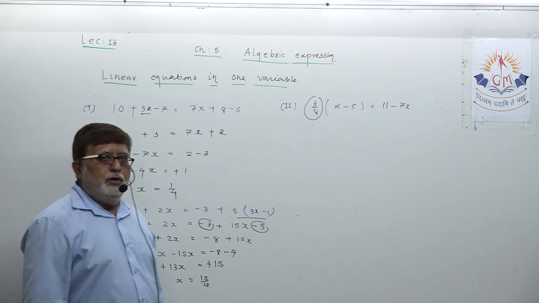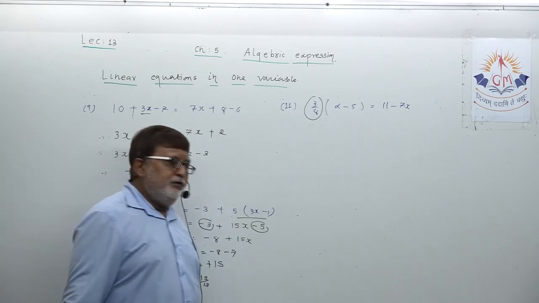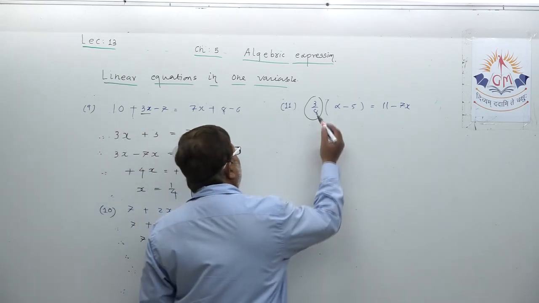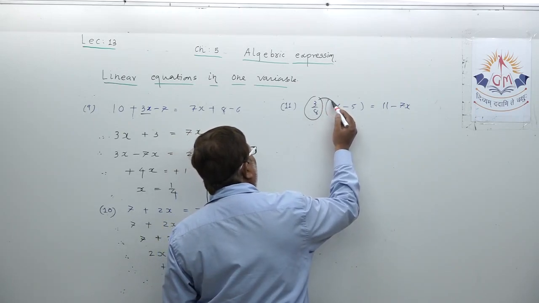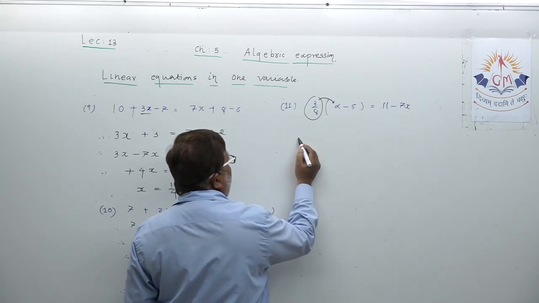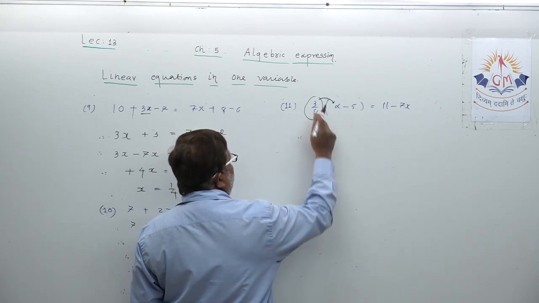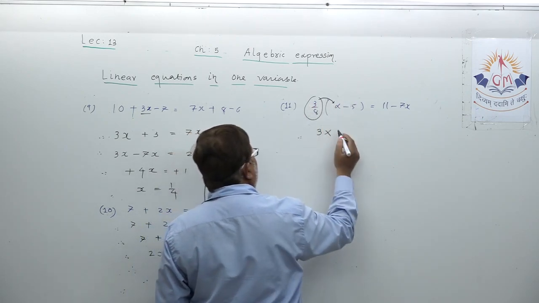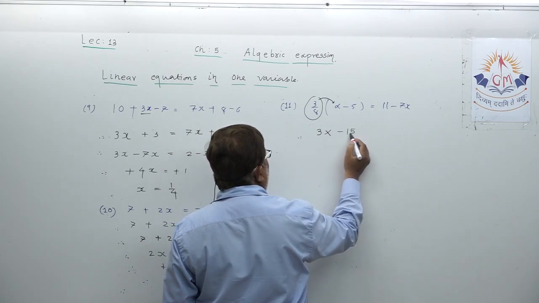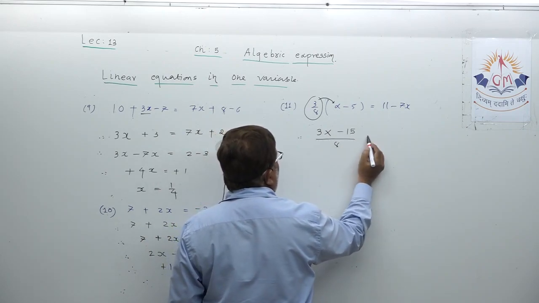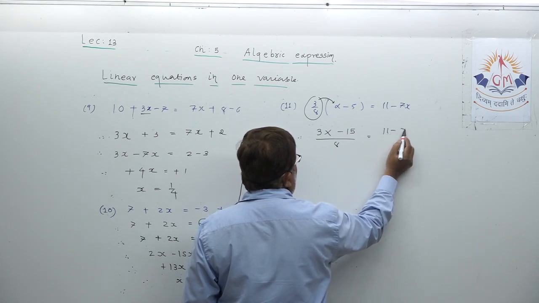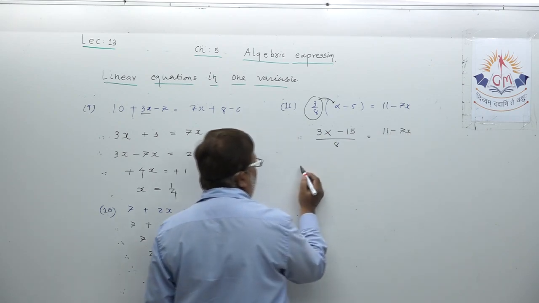What to do? Then keep your basics very clear. Numerator will open this bracket. Okay, so this will be 3x, 3 fives are 15, upon 8, as it is, 11 minus 7x.